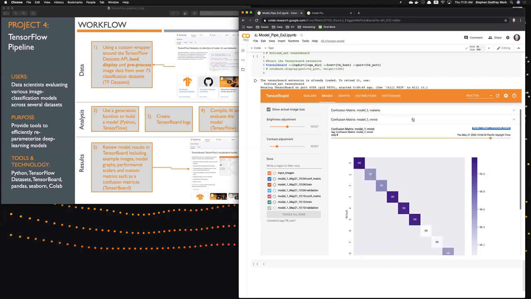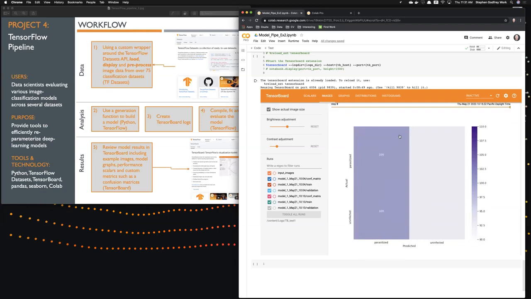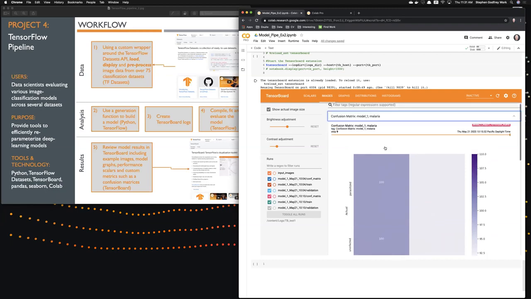You can then also compare it to the second data set that I applied this model to. In this case, it's not working at all. 100% of the predictions are parasitized cells. So in this case, it's pretty clear that it's not working. It's quite obvious.